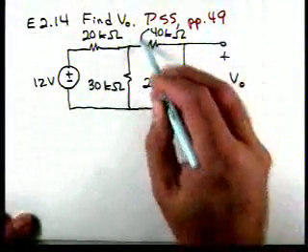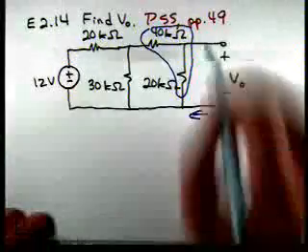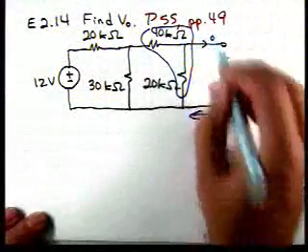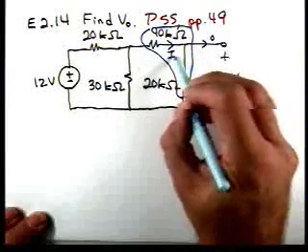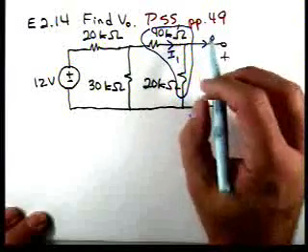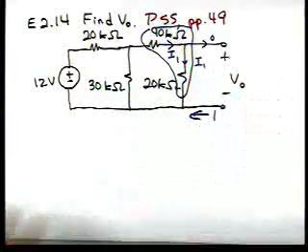If we note here, these two resistors are connected in series. That's because this is zero current, so the same current that flows here, we'll just call it I1, is also the current I1.